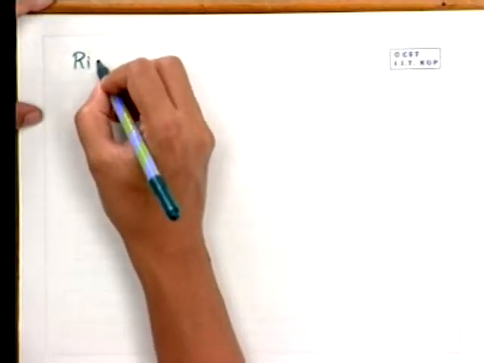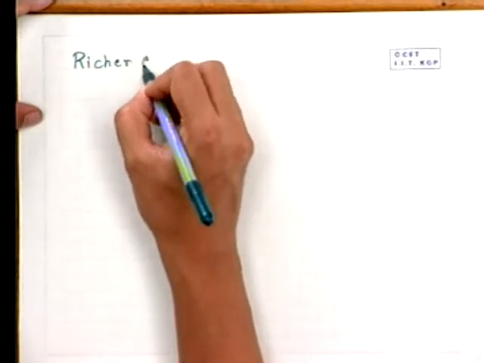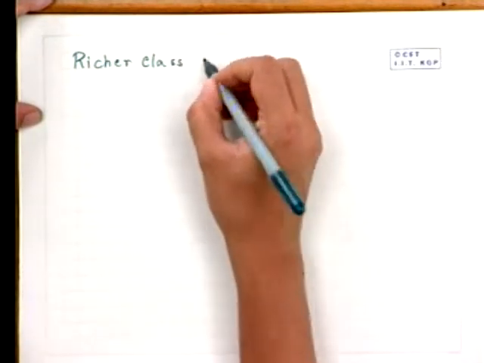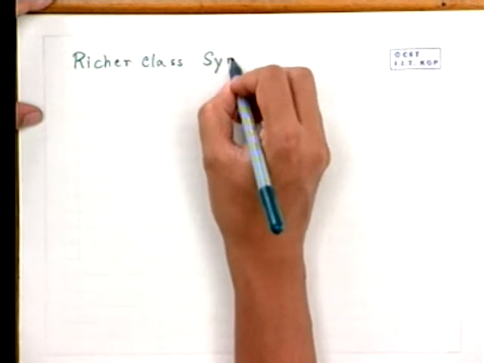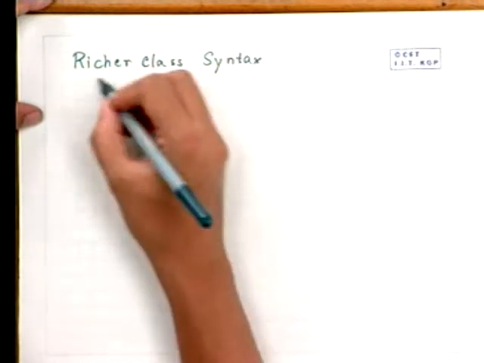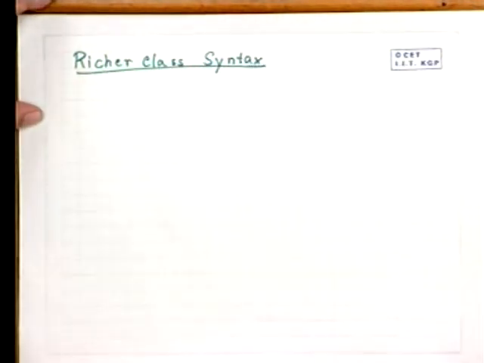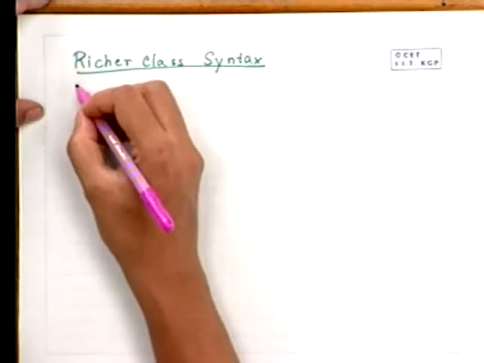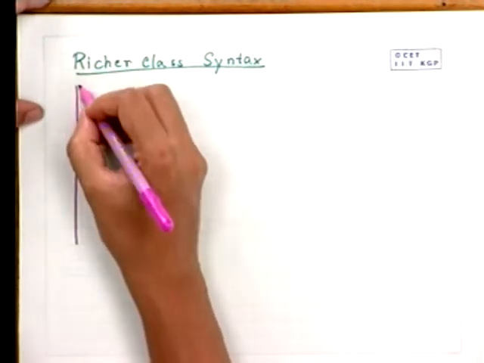Now let us look in a little more detail at the class syntax, which is richer, where you put in a little bit more information. First, an example, the same example of the account.